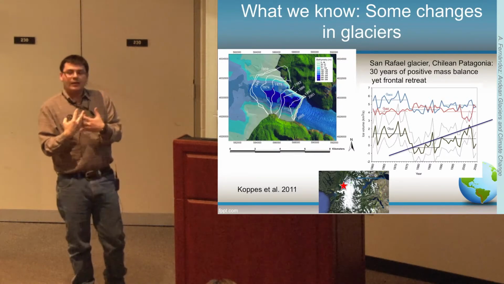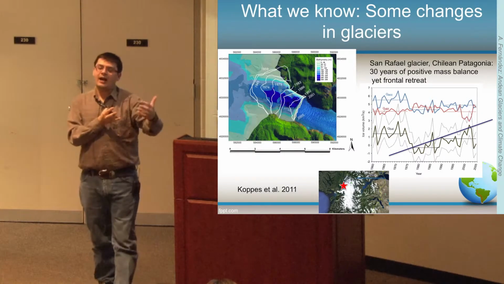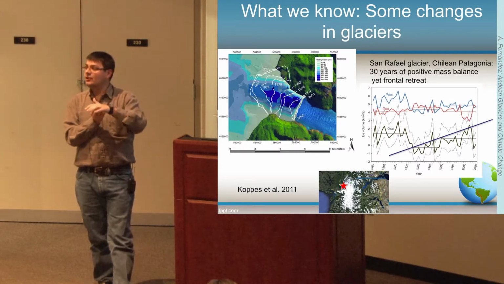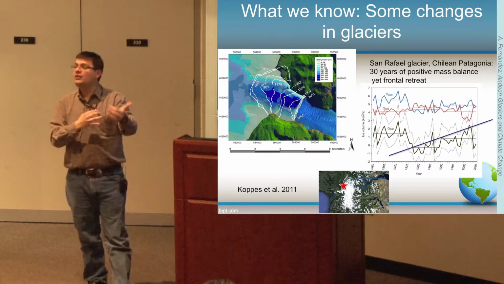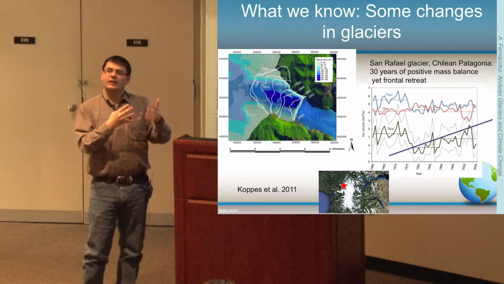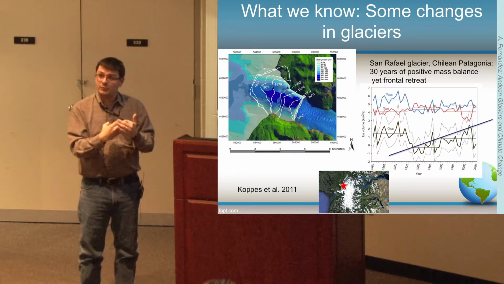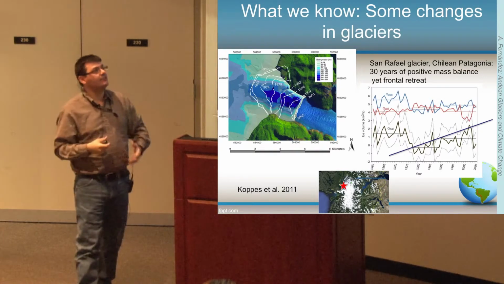So there is a regional signal that this glacier is following, but how changes in climate are translated to changes in these glaciers is something we need to understand much better. There are a lot of non-linearities in this glacier and in other Patagonian glaciers that make them still retreat, but show a little bit of positive mass balance.